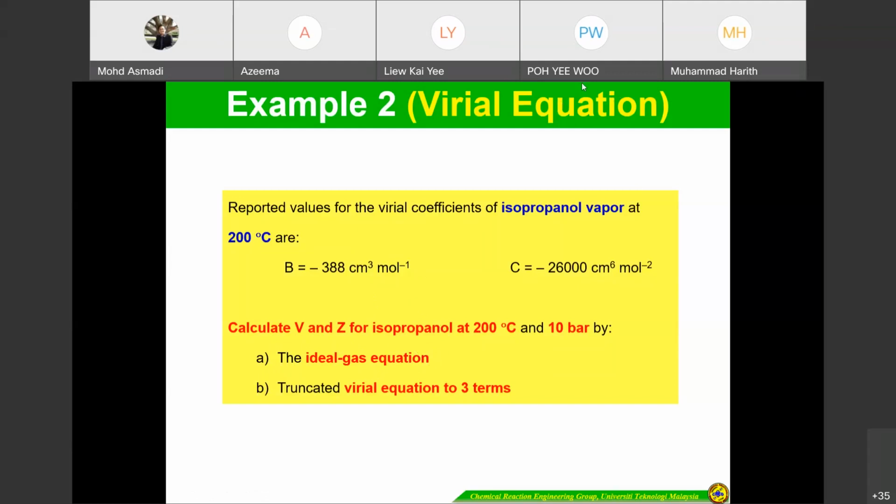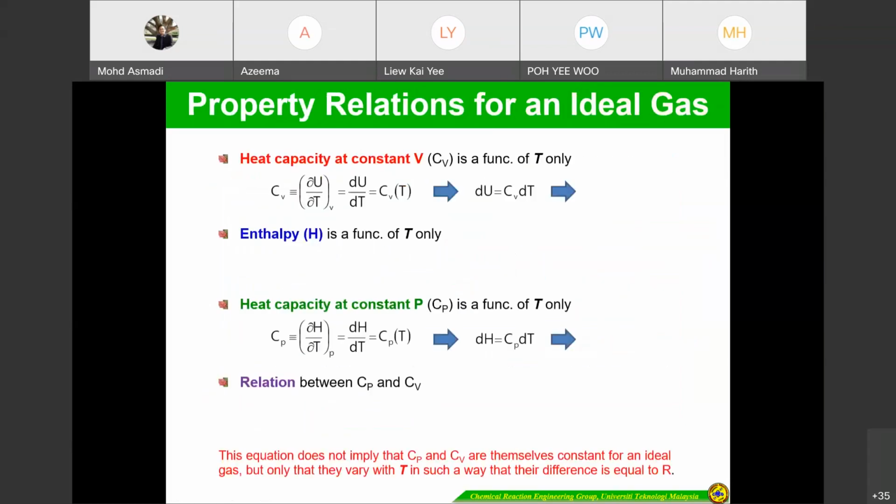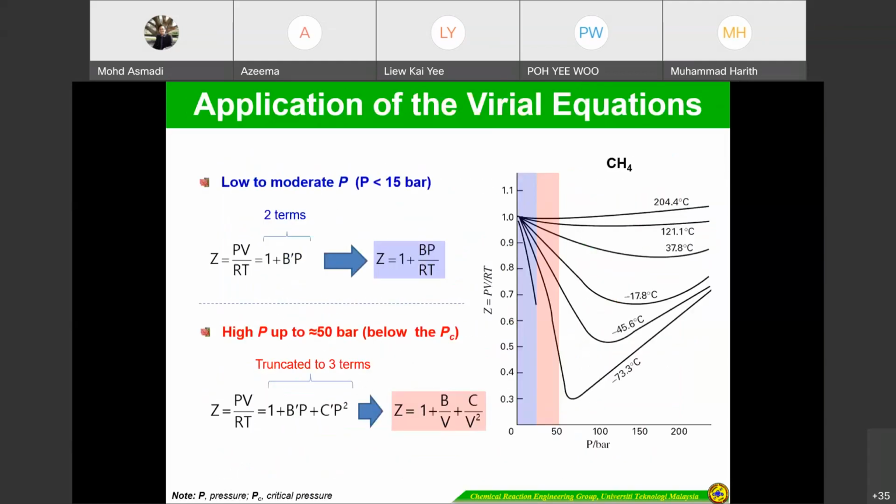For the truncated virial equation, if you look here, the problem is we have V and V squared. So how can we use this equation?